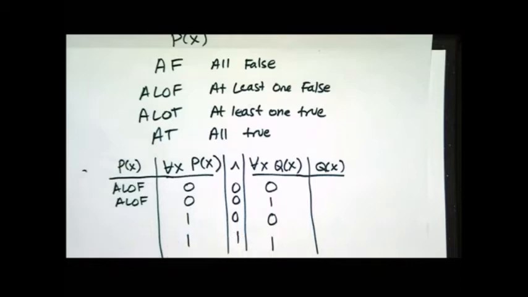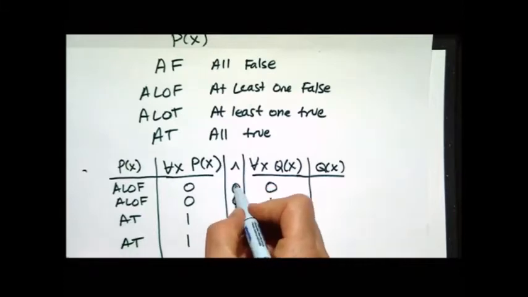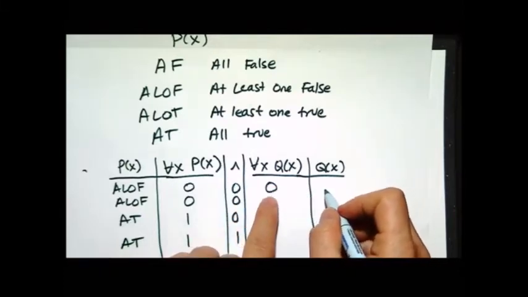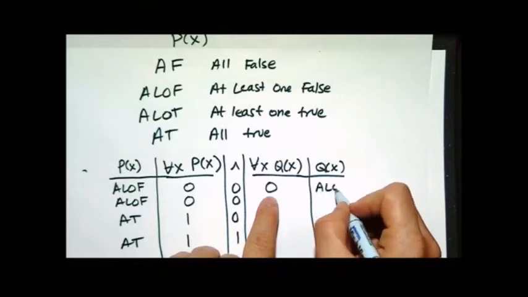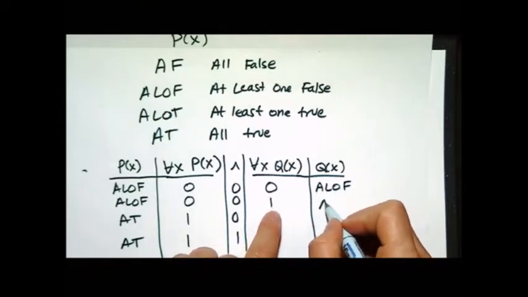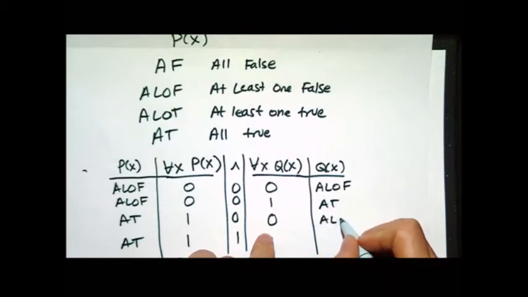Now, if I'm in the third row, which says for all X P of X is true, then I know that P of X is always true. And I have the same thing there. So over here, I have for Q of X, that for all X, Q of X is false, and I can fill it out exactly the same way. So if I have a for all, if that is false, I get at least one false. If it's true, I have all trues.